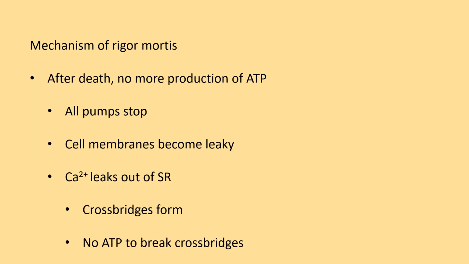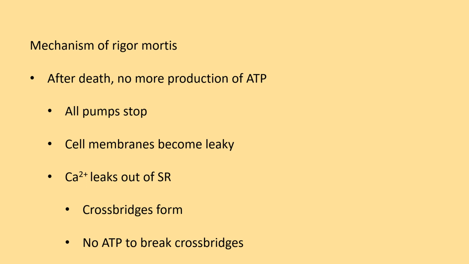So what happens when a body dies? Death is actually, at the cellular level, a process. When somebody's heart stops beating, it's not like every single cell in that person's body dies immediately. That's not true. Death comes about at the cellular level as cells use up their supply of ATP and they have no more oxygen or glucose.